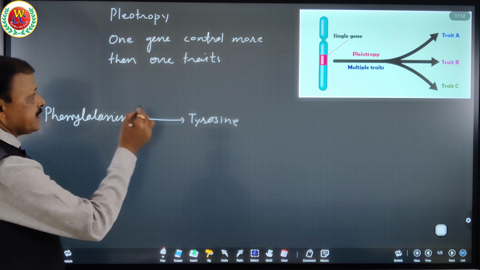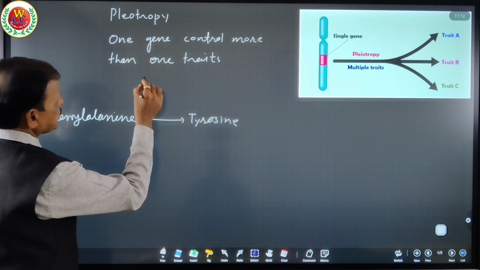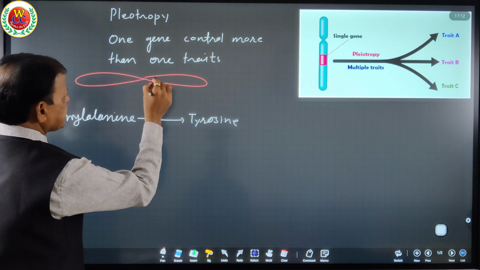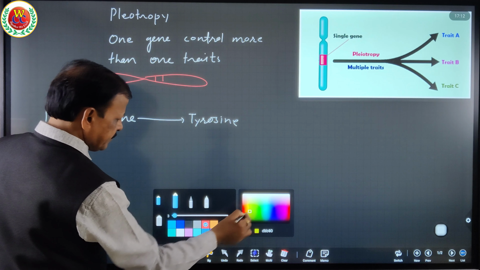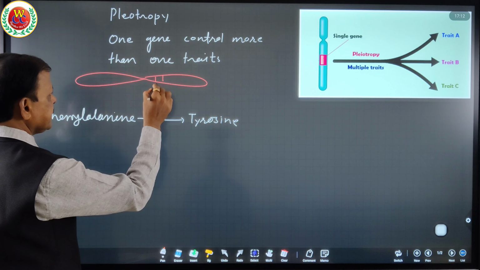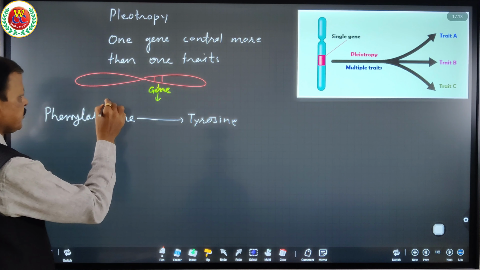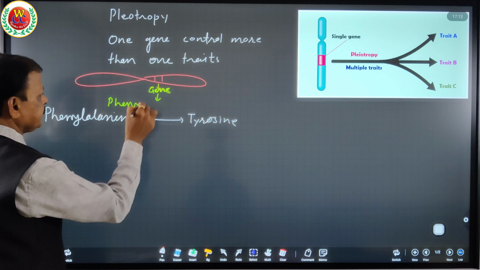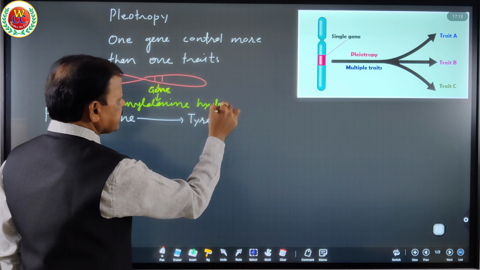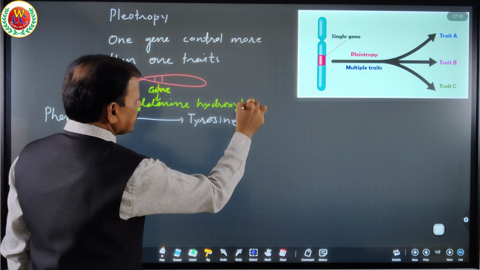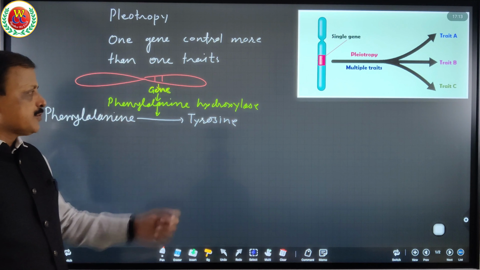I can show it by this diagram. Suppose this is a chromosome and it has this gene. The gene is supposed to produce an enzyme. The gene undergoes transcription and translation, producing phenylalanine hydroxylase, that is required to catalyze a process to convert this phenylalanine into tyrosine.